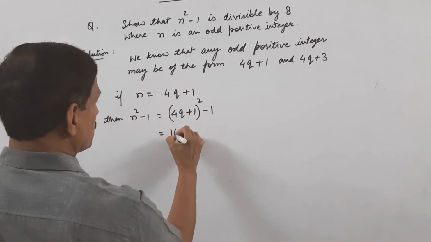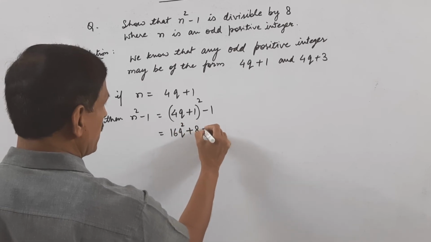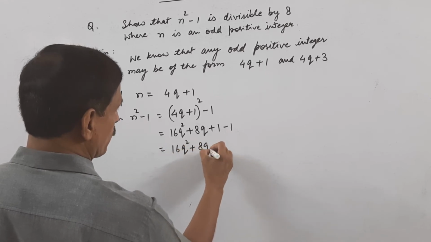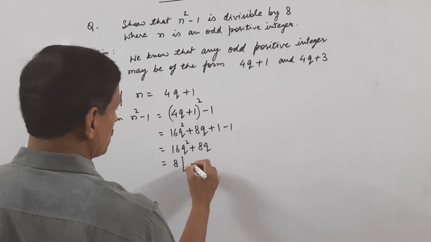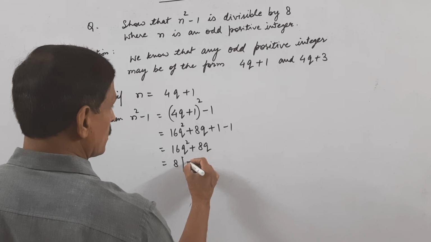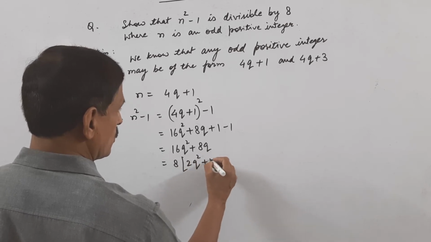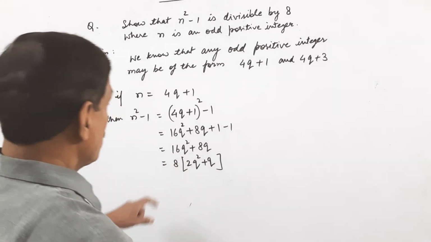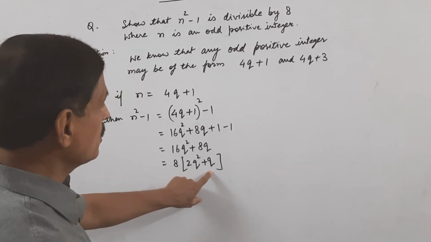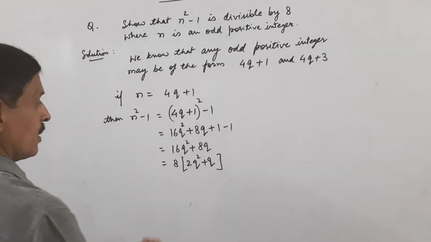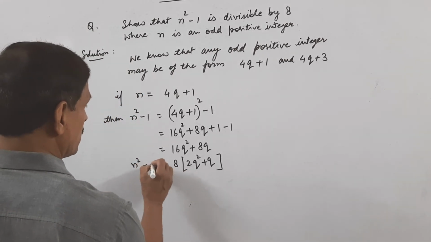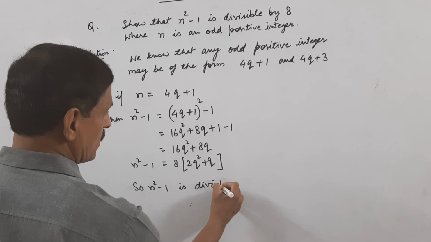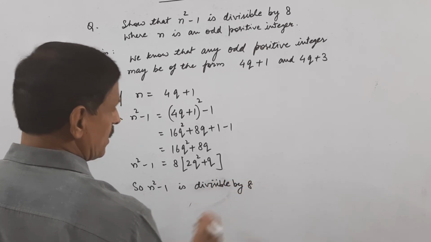This is 16q square plus 8 times of q plus 1 minus 1, and that is 16q square plus 8 times of q, which further implies, taking 8 common, this is 8 times of 2q square plus q, and thus we can say n square minus 1 is divisible by 8.